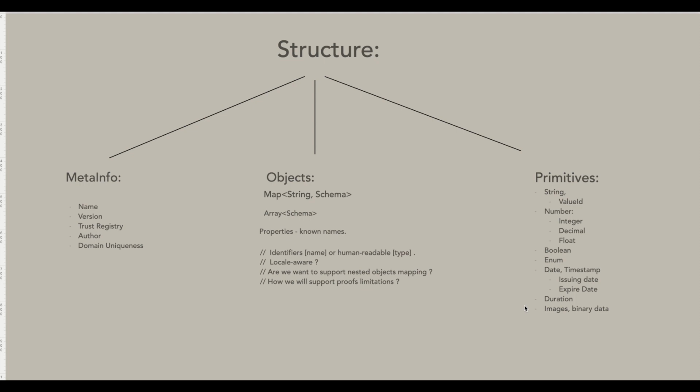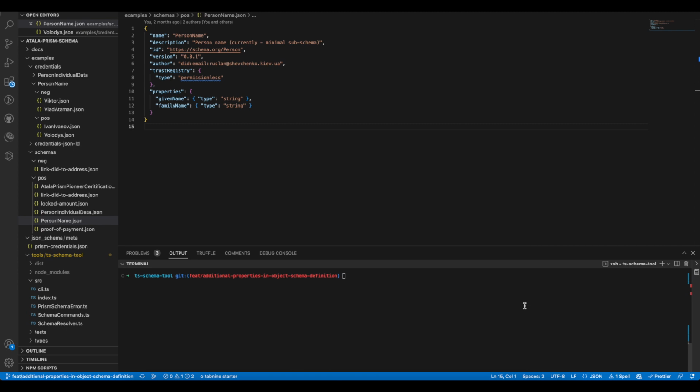And now let's go to the examples. Here we go, the most primitive credential definition schema. It has the name of the schema, description, ID, the markup, we use the schema.org markup there, version, author, trust registry with permissionless type.